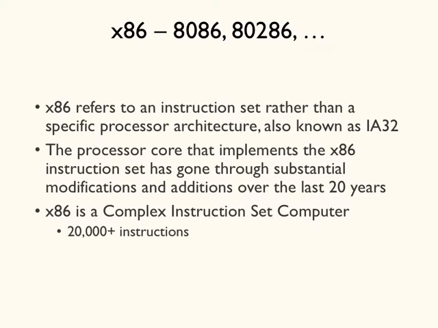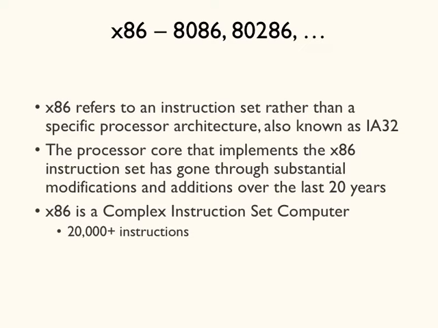Obviously, it has changed a lot, and there are some specific processor architectures too, and the instruction set will change based on those new architectures. For example, one of the popular architectures we're using is called IA32, which means Intel architecture 32 bits. I think we talked about this before. Right now there is also IA64, which means 64 bits.